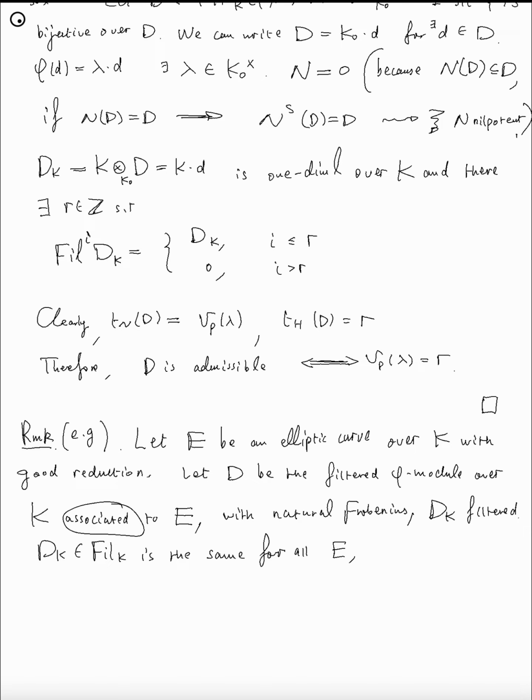There's some category equivalence between the semi-linear algebra objects and the representations. So this D_K is the same, with the structure of a two-dimensional K-vector space with a graded 0 and graded 1 piece, each being one-dimensional.